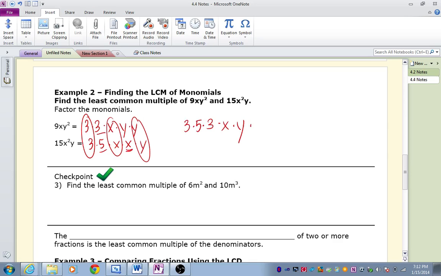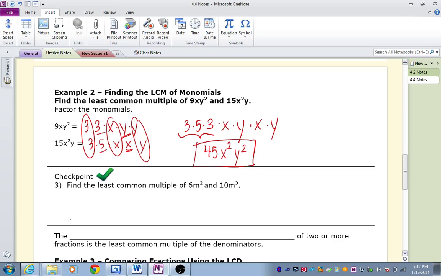I have an extra x and an extra y. So the number part is going to be 3 times 5 is 15. 15 times 3 is 45. I have two x's, so that'd be x squared, and y times y is y squared. So this is the least common multiple of our two monomials.